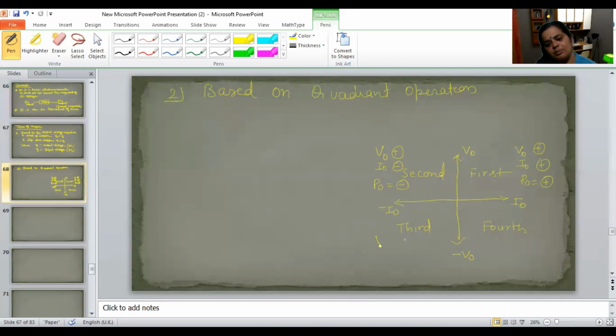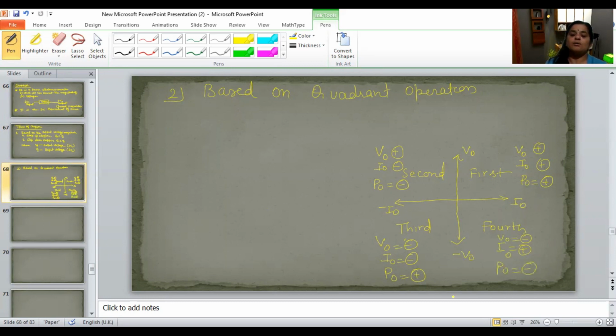In the third quadrant, V0 is negative, I0 is negative and P0 is positive, because the multiplication of two negative quantities gives a positive quantity. In the fourth quadrant, V0 is negative, I0 is positive and P0 is negative.